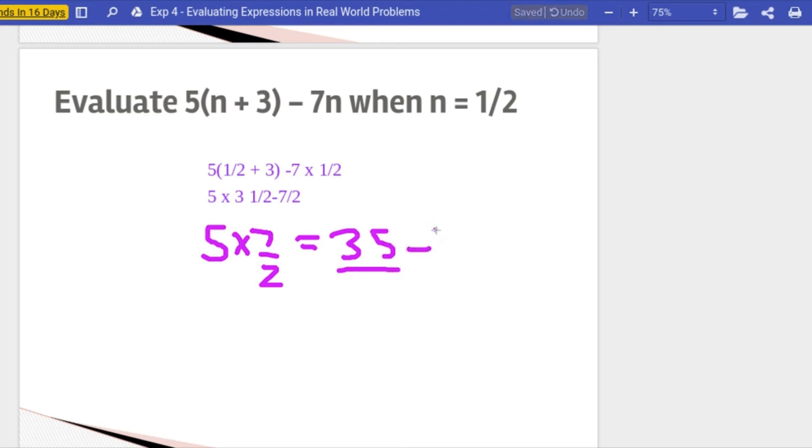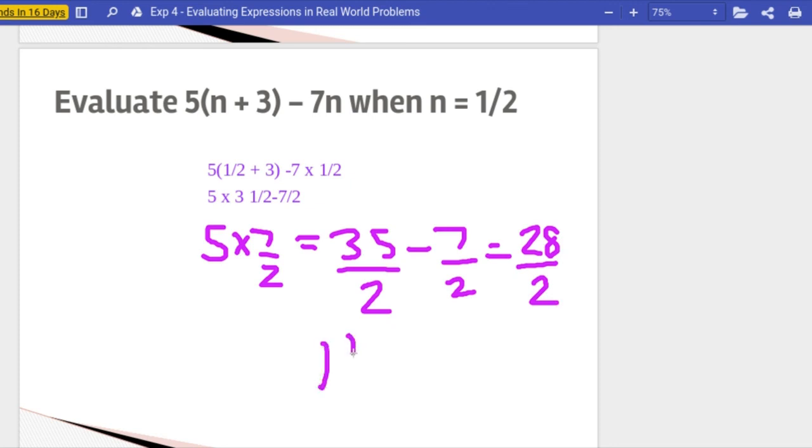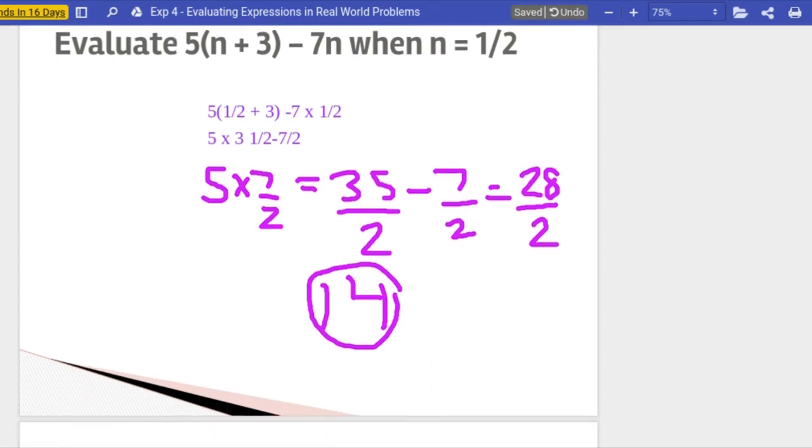And then I'm going to subtract 7 halves. So 35 halves subtract 7 halves equals 28 halves. And 28 halves means 28 divided by 2, which means 14. So my expression would be equal to 14 when n equals 1/2.